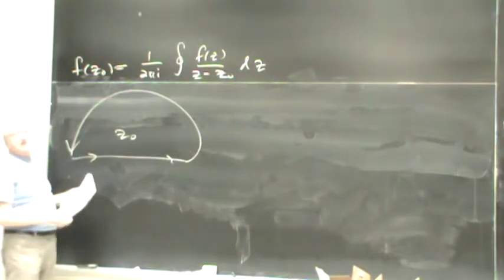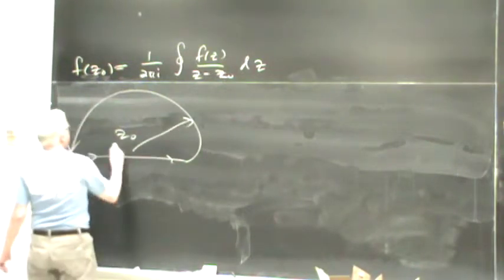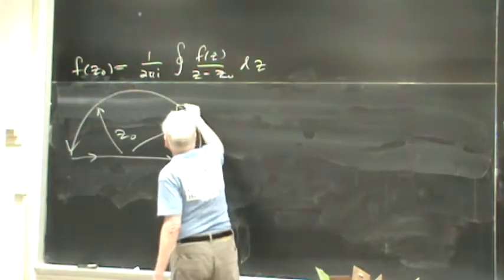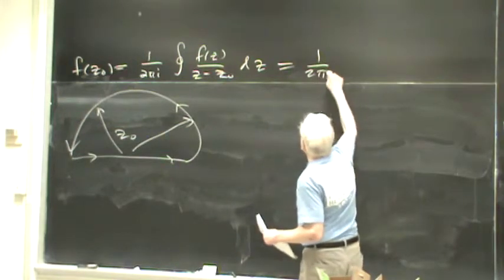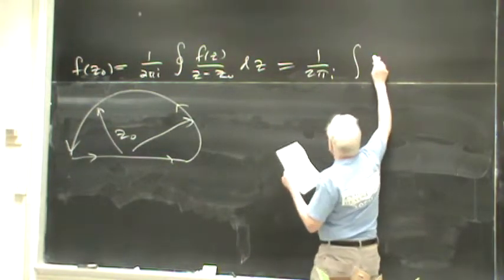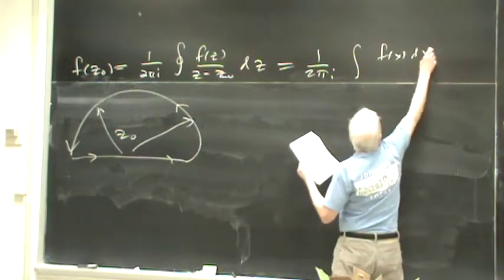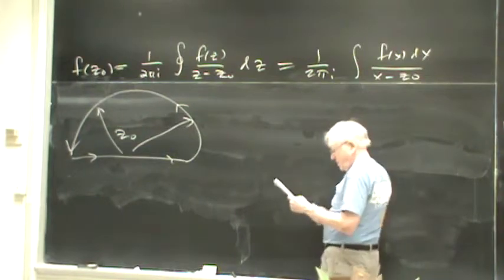Well, it turns out that because I assumed that f goes to 0 in the upper half plane as you go way out, this part is a ghost contour, and so this is just 1 over 2 pi I integral f of x dx over x minus z0.